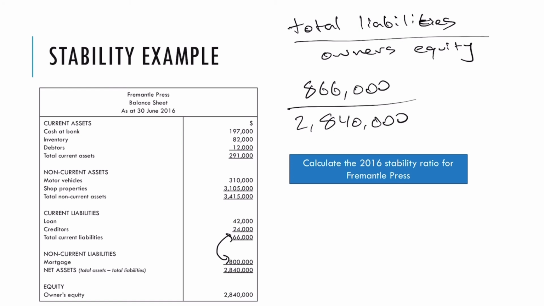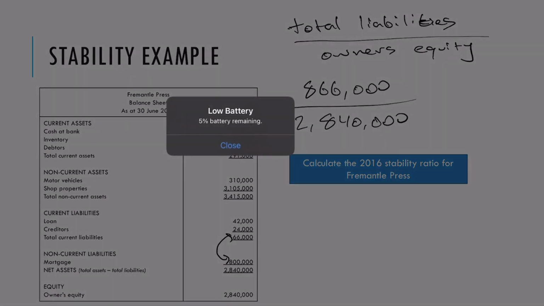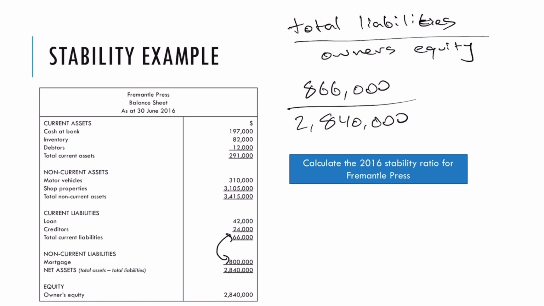Now I can see the difference between these two numbers, right? Obviously, owner's equity is greater than total liabilities, which by virtue of equity being assets minus liabilities, that's always going to be the case. But in this case, it's a good indication that our company is fairly lowly geared, because only 30% or 0.3 of our total equity is made up of debt.